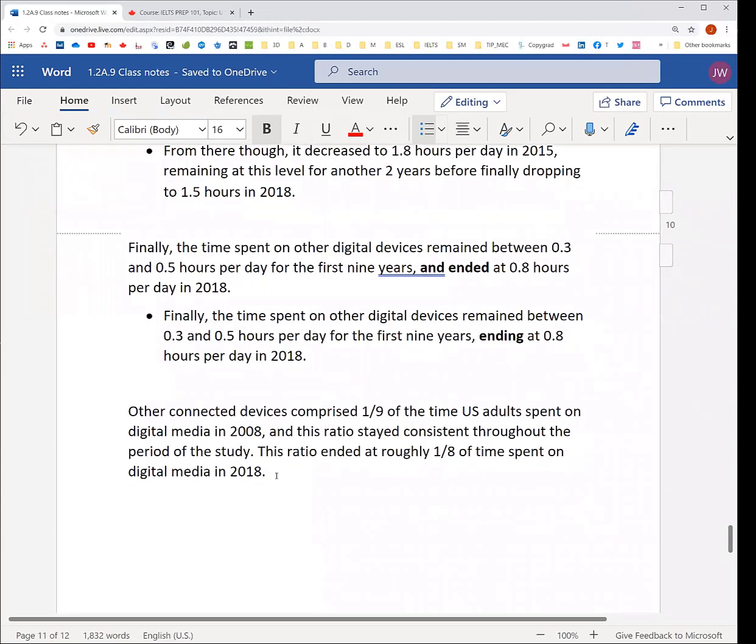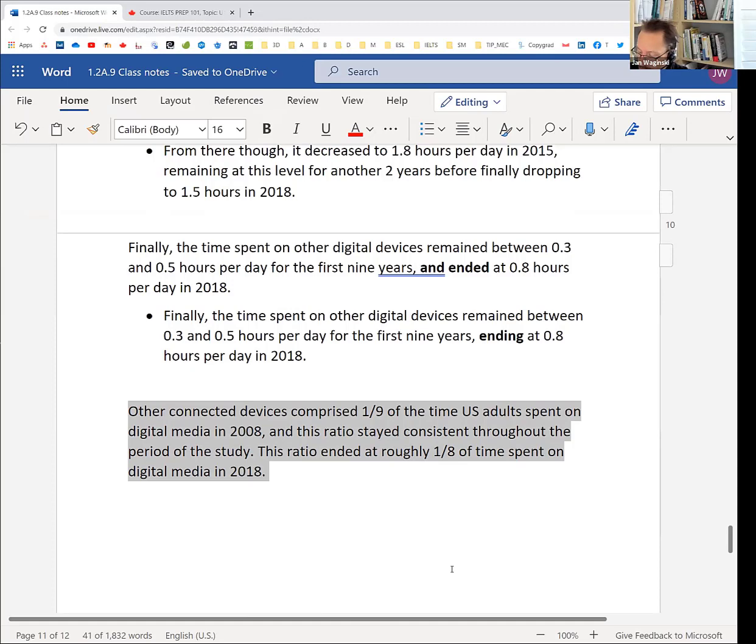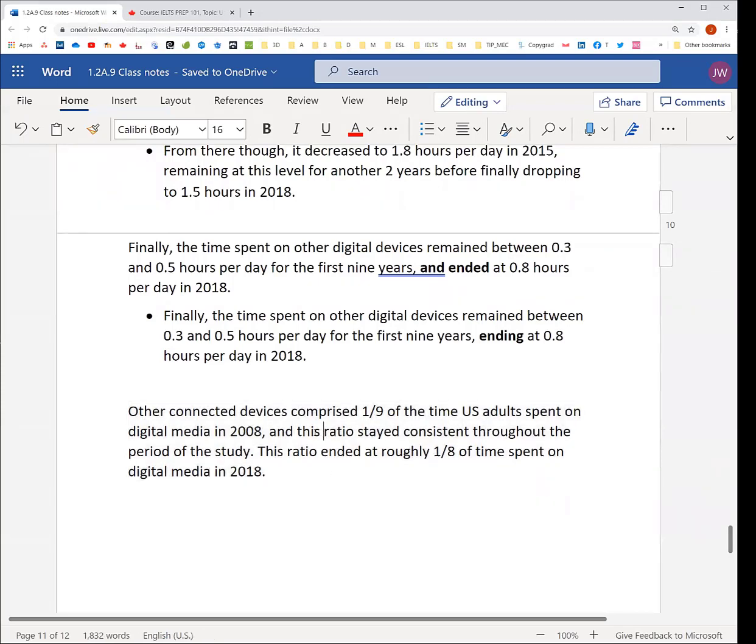And then, can we do the last one? Yeah, other connected device comprised 1/9. From this ratio, I can delete "and stayed consistent from 2008, staying consistent throughout the period of the study."